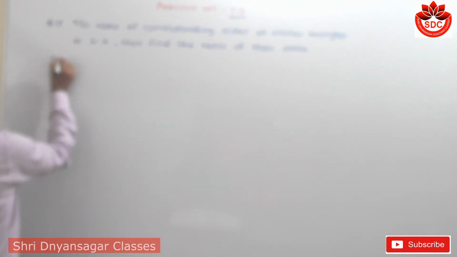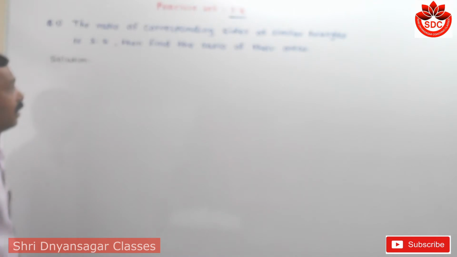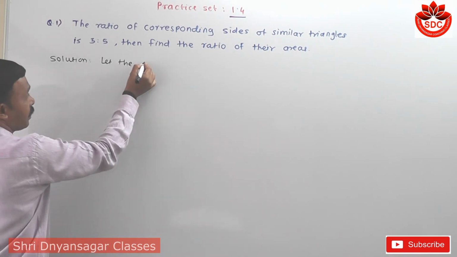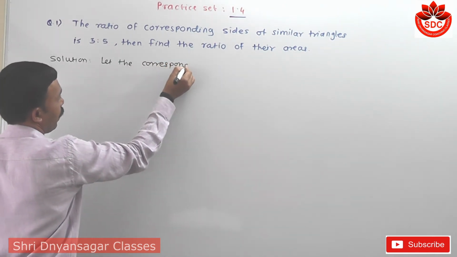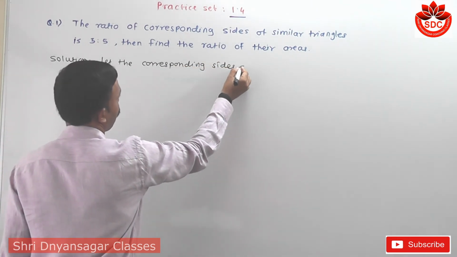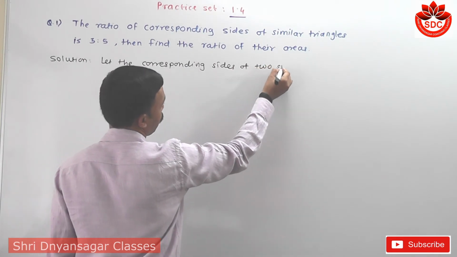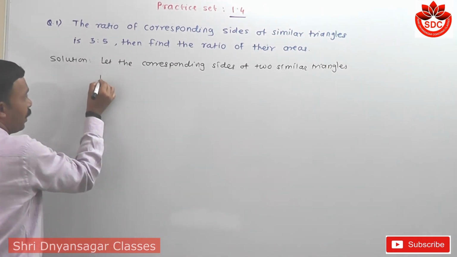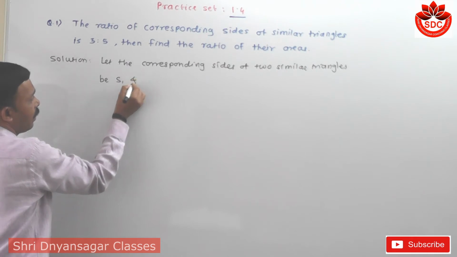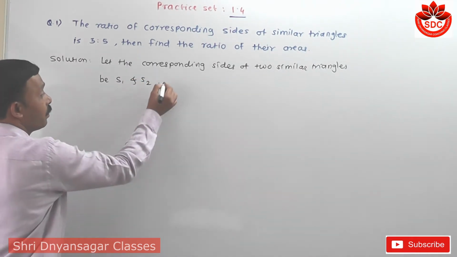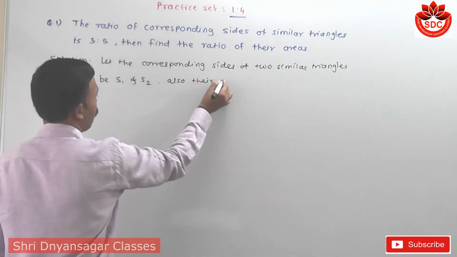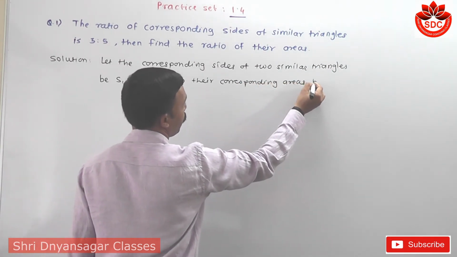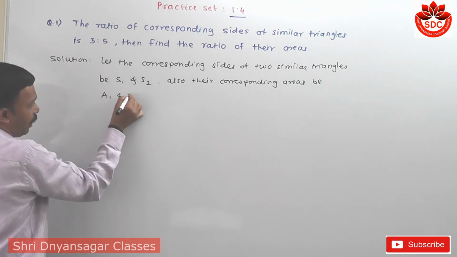Now for this solution, let the corresponding sides of two similar triangles be S1 and S2, and their corresponding areas be A1 and A2 respectively.